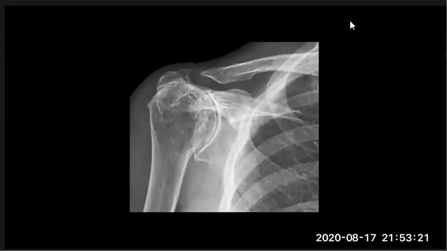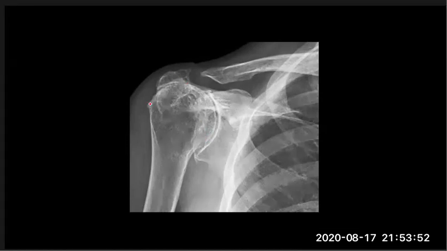In this case there is no bony destruction, as you mentioned. What is the position of the humeral head here? It is upward. What do we call that? Subluxated, or upward migration of the humeral head.